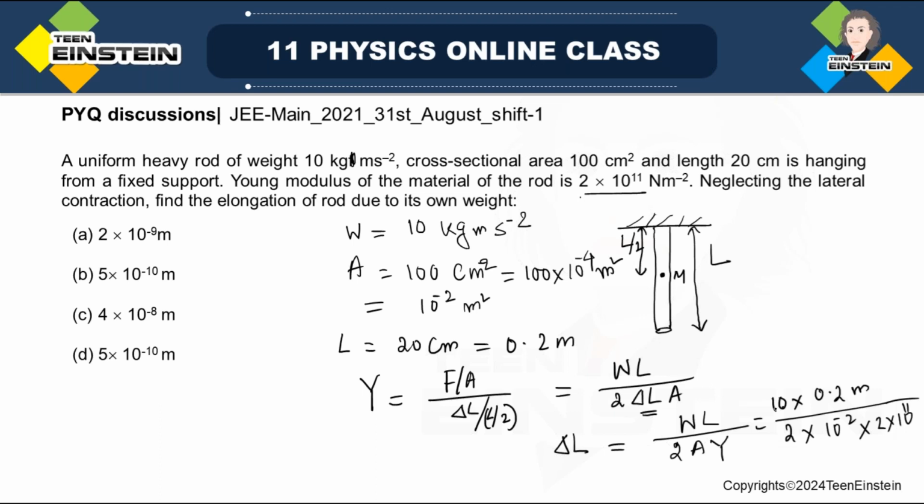Now look, this 10 and this 0 will cancel each other. Then what we get, this is 10 to the power 9, so 10 to the power minus 9 will go in the numerator, and this divided by 2. 2 means 0.5, so delta L is equal to 0.5 into 10 to the power minus 9, so I can write 5 into 10 to the power minus 10 meter.